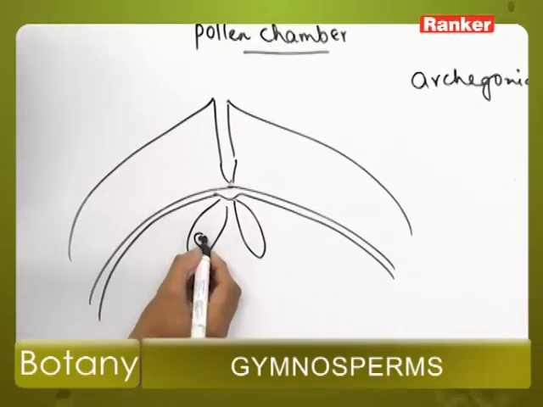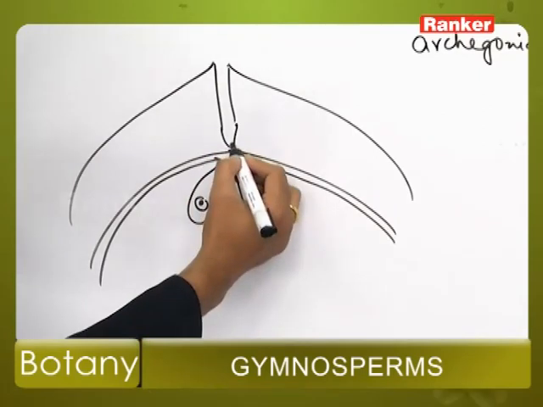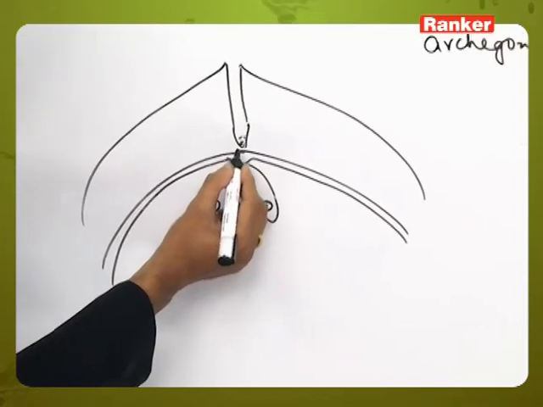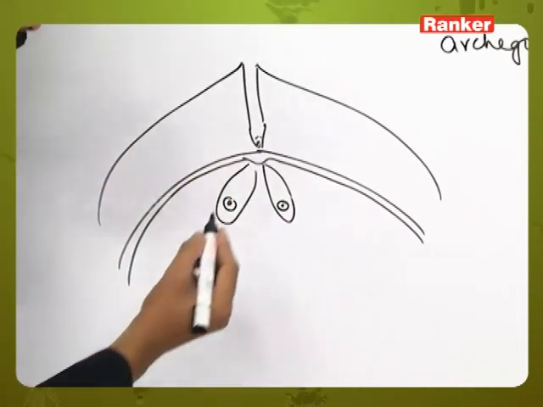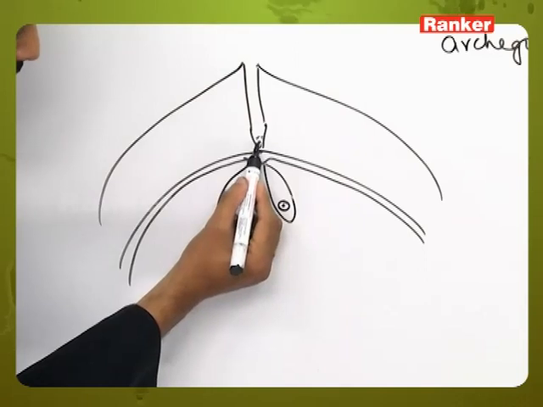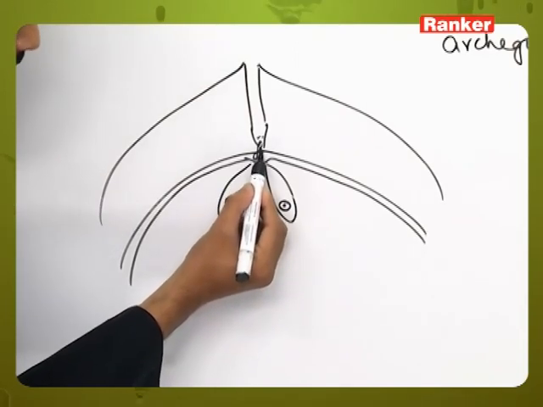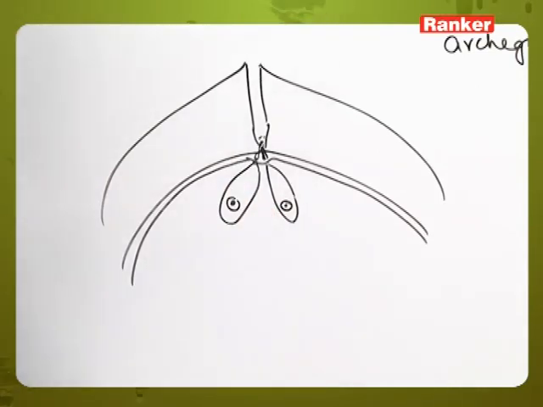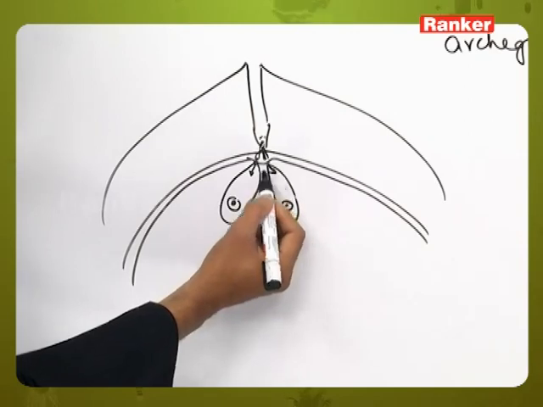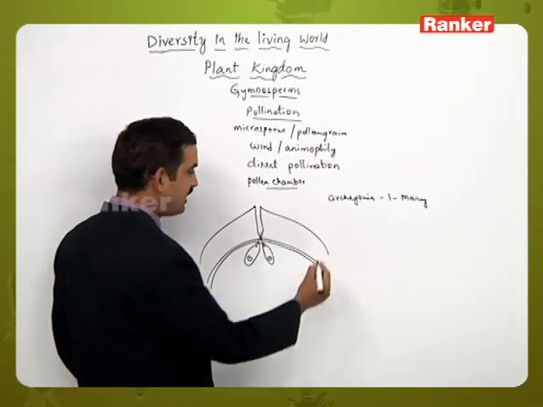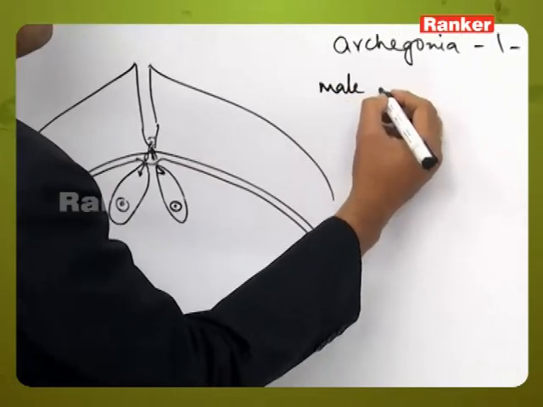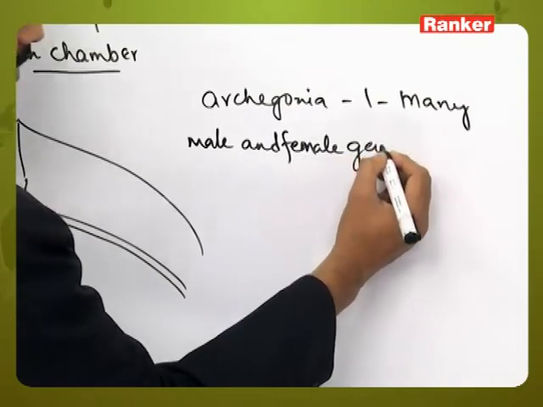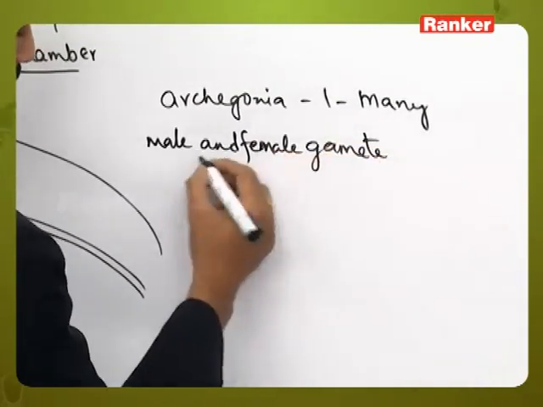Each archegonium contains generally one egg cell, and here this is a pollen chamber in which the pollen grains will be released, and these pollen grains will gradually form a tube-like structure which will pierce through this tissue and enter into the archegonium, this small chamber which is present here, and at this region they will release the male gametes. Those male gametes will be absorbed into the archegonia, and here the fusion of male and female gamete will take place inside the archegonia.